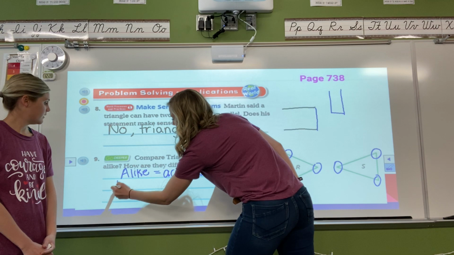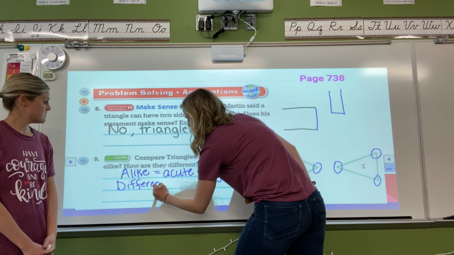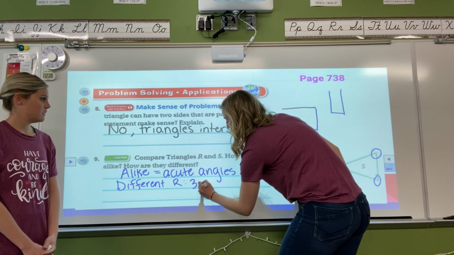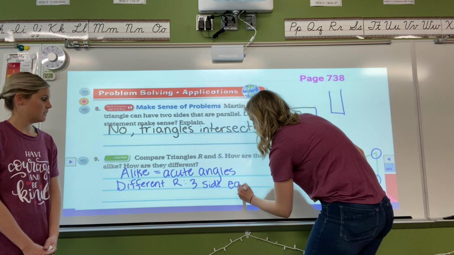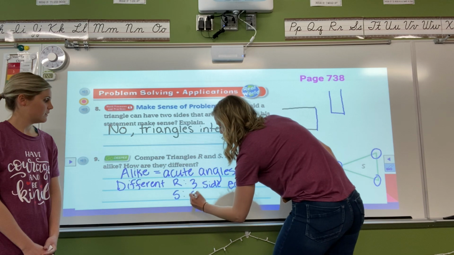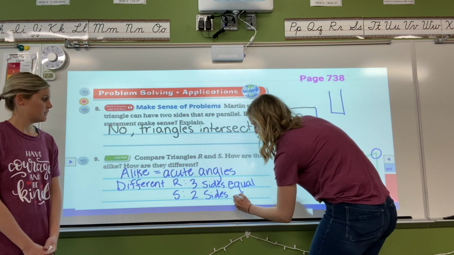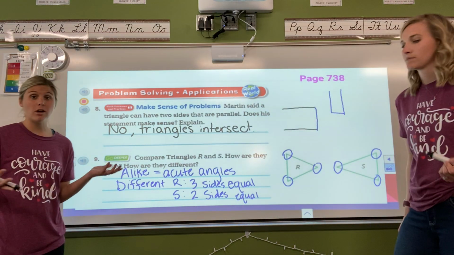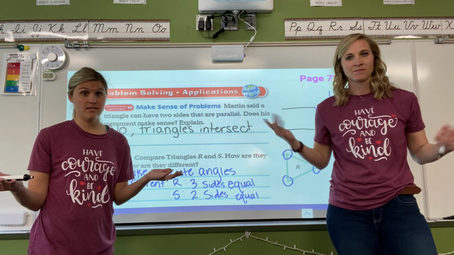And then how they are different is that R has 3 sides of equal length, and then S only has 2 sides of equal length. Because remember, when we describe triangles, we always look at their angles and their sides.